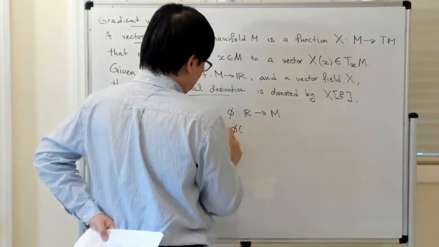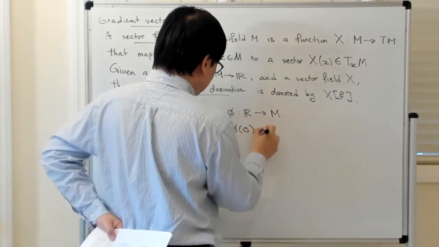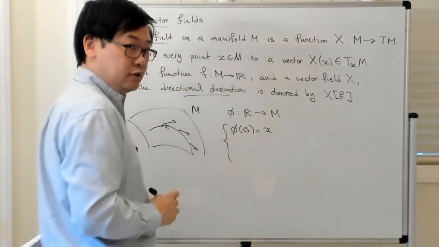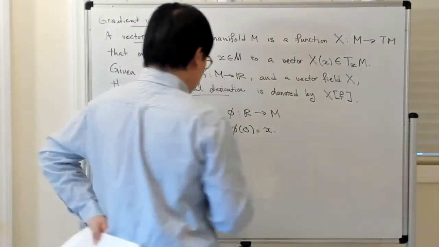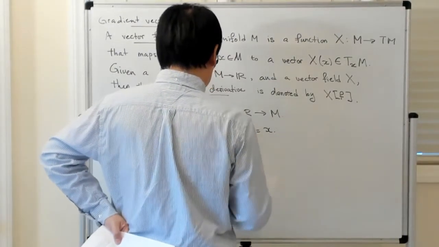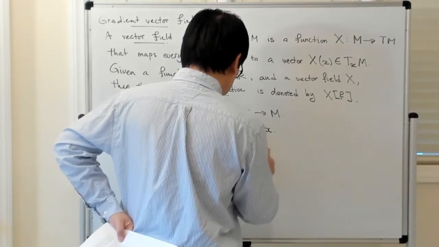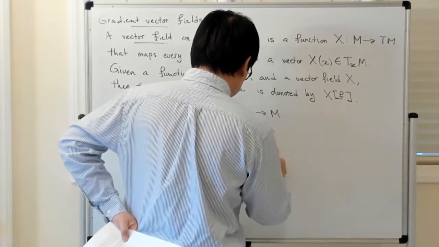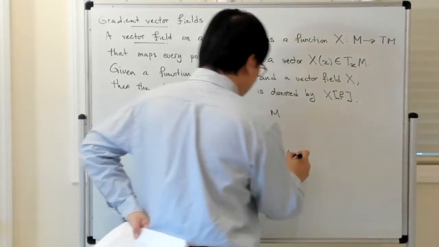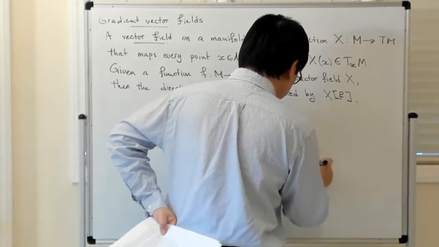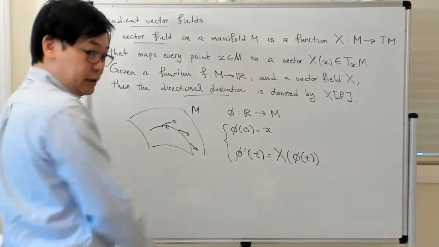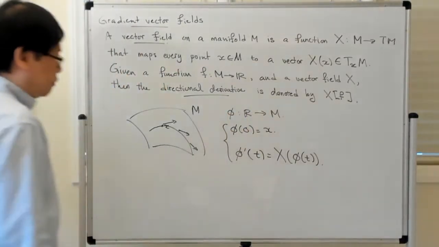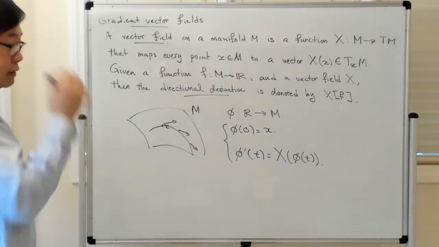So psi at 0 is of course just the base point x. This is the initial condition. And then the derivative of this function at a particular time is just the vector field evaluated at the point at that time. So this is clearly an initial value problem, and this defines a map from the reals to the manifold.